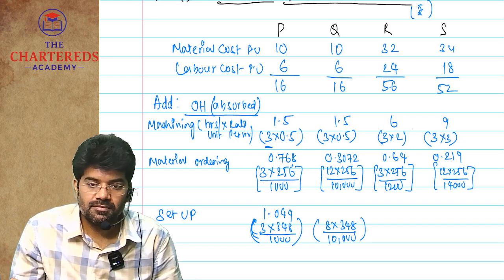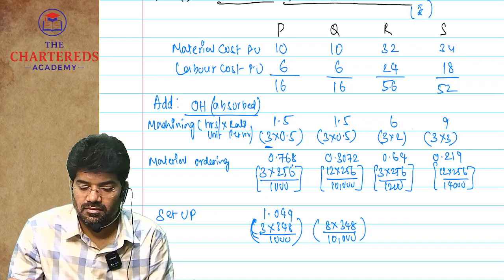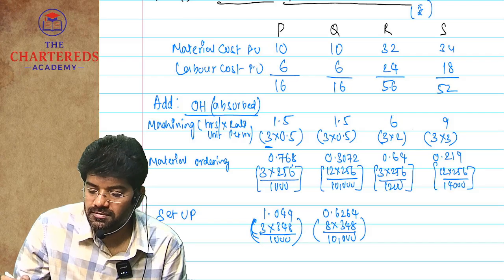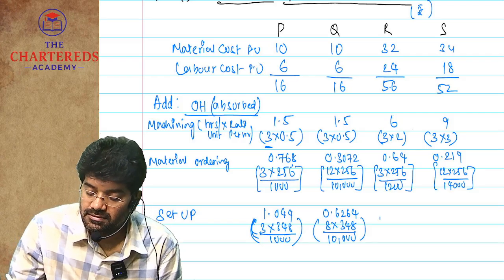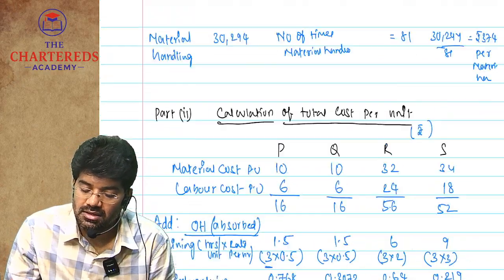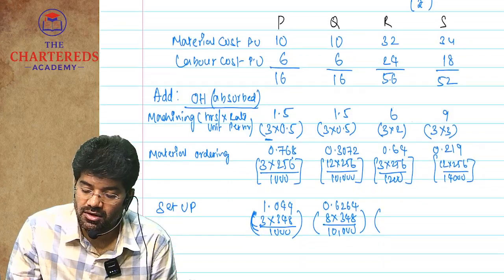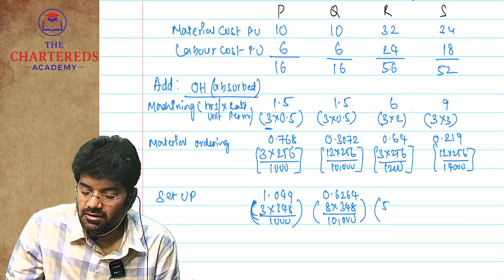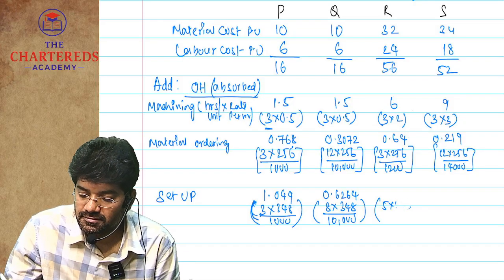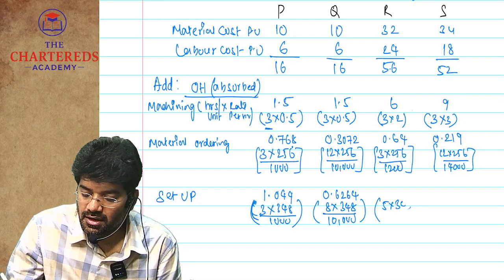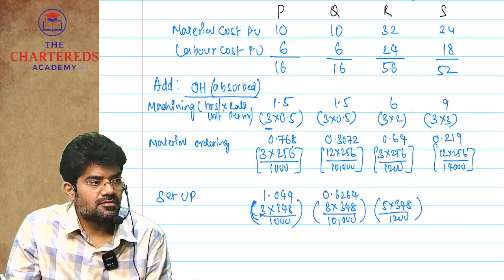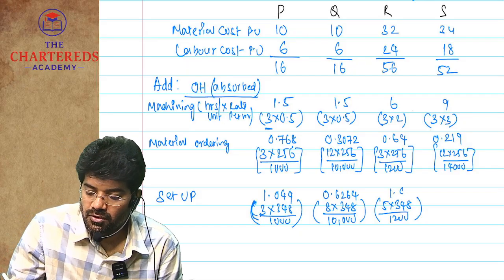Yes, ma'am. How much are you? 0.6264. Next, here, how many setups? 5 into 348 divided by how many units? 1200. 1.45.